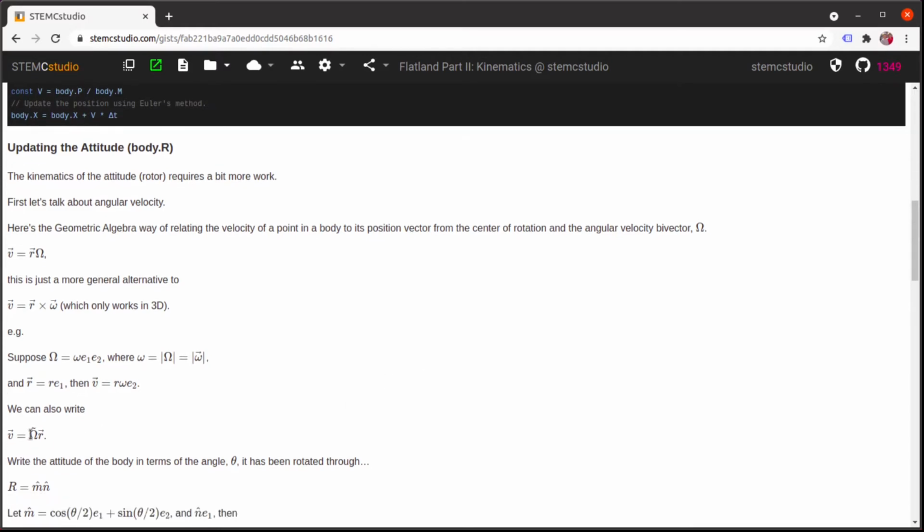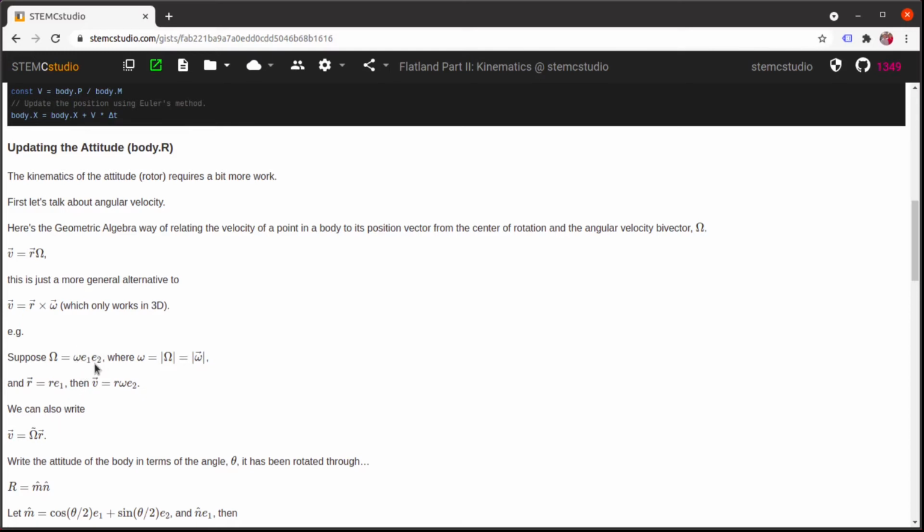You can notice that we can also write the velocity of a point in the rotating body in terms of the reverse of the angular velocity bivector. So the reverse of the angular velocity bivector would just be omega e2 e1. We just reverse e2 and e1.